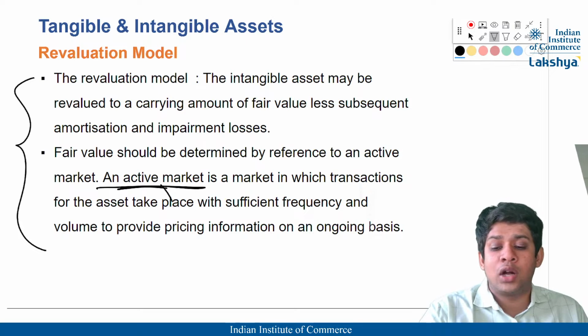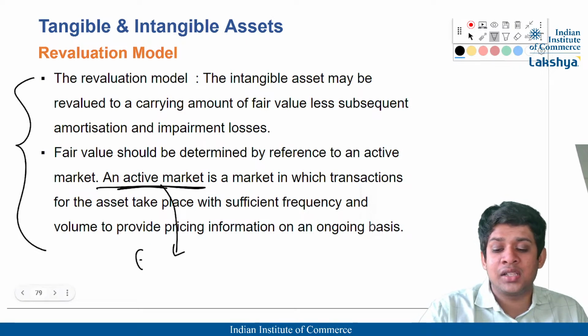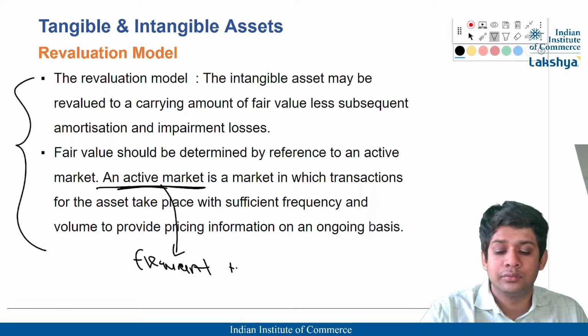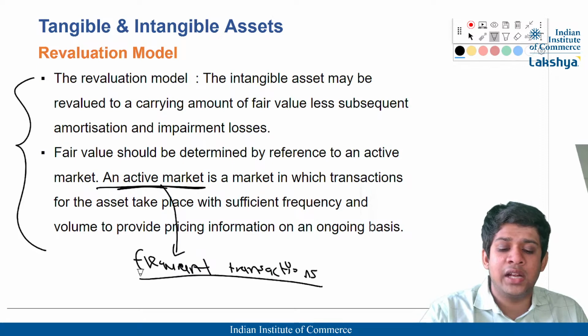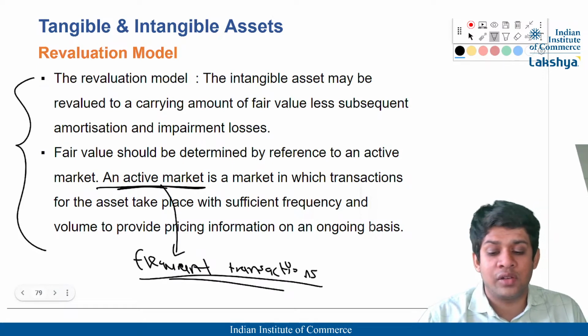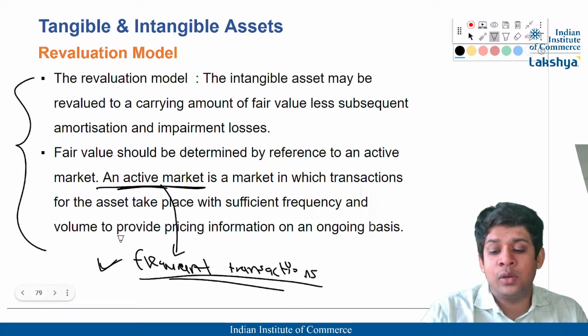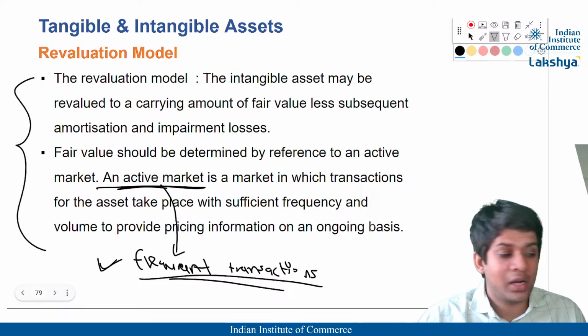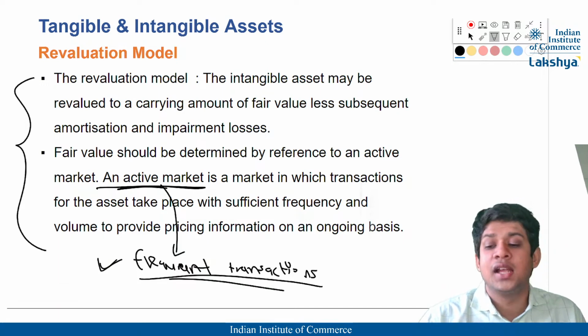And what is an active market? An active market is nothing but where there are frequent transactions, frequent purchasing and selling of commodities, of services. Like an iPhone 13 that I have, maybe.